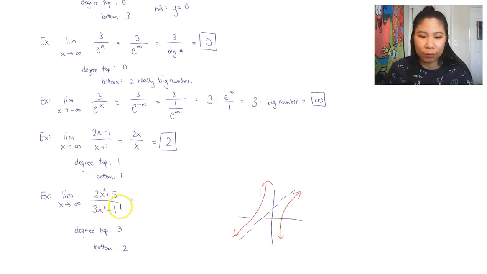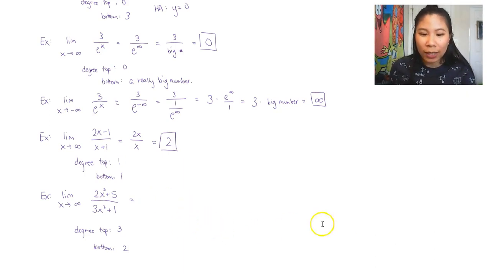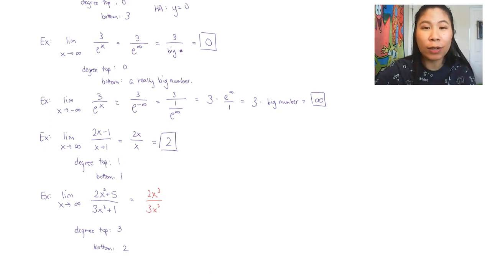So for this graph, for the 2x cubed plus 5 over 3x squared plus 1, I don't know if this is the actual graph. I just drew something out for an example. So here, what we want to do is, like before, divide out our first terms. I would take my 2x cubed over 3x squared. If I divide this out, I end up canceling an x squared on the top and the bottom to get 2x over 3.